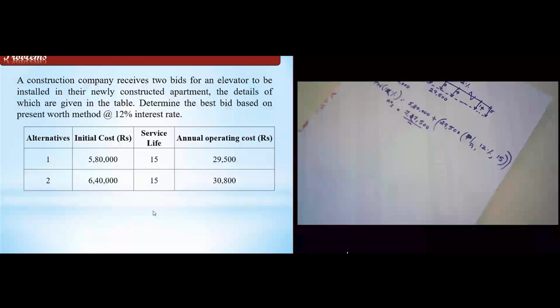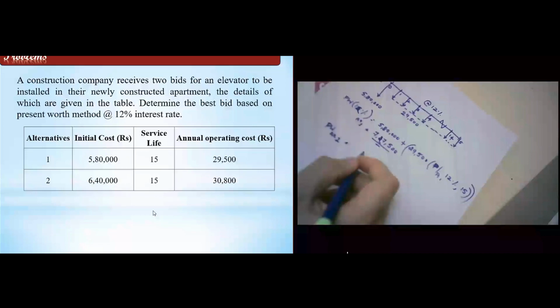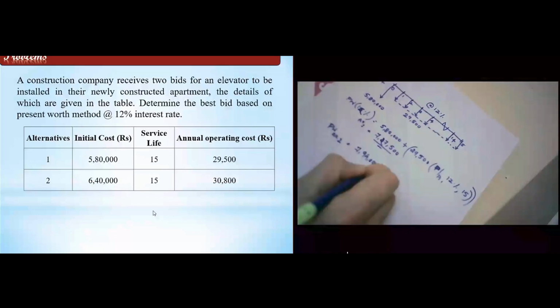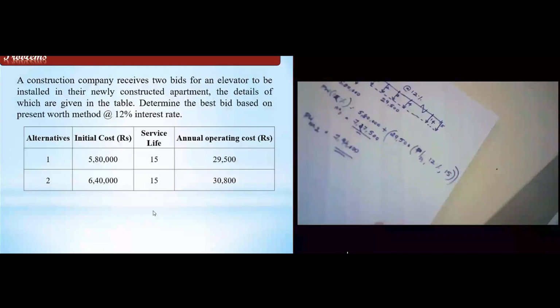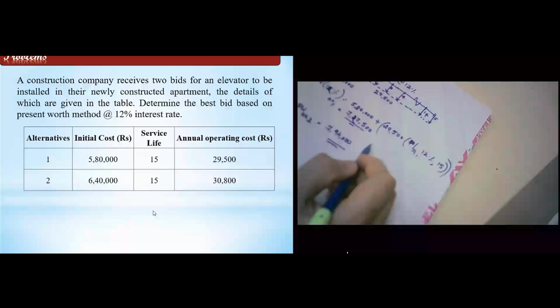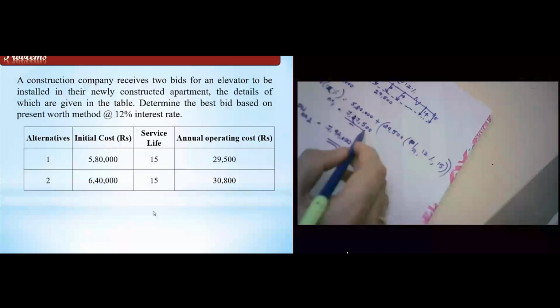What is the present worth for alternative 2? Sir, it is 7,94,000. So for alternative 2, it is 7,94,000. Among these two alternatives, alternative 1 is having less or minimum present worth, so alternative 1 is selected.